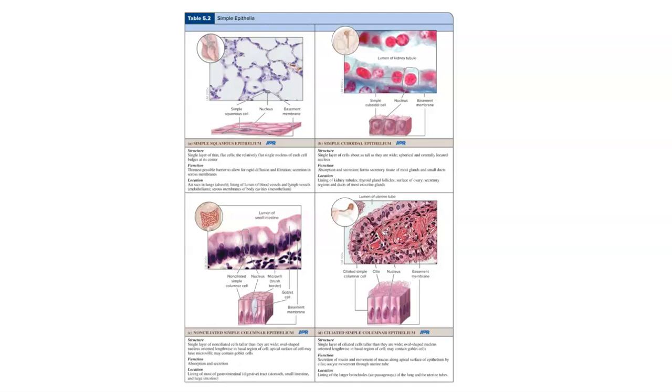The thyroid gland is made up of these follicles that make some hormones for us, and of course the follicles themselves are made up of the cuboidal cells. The surface of the ovary and some of the secretory regions and ducts of most of our exocrine glands. Now remember, exocrine means it secretes through a duct onto a surface or outside of the body.